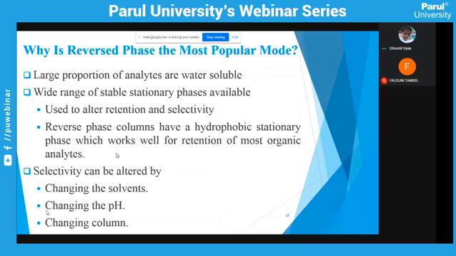Columns used during RP-HPLC method development have a hydrophobic stationary phase, which works well for retention of most organic analytes. We can easily change solvent, pH, and column, which helps us identify the most effective selectivity. Because of all the above reasons, RP is the most popular mode.